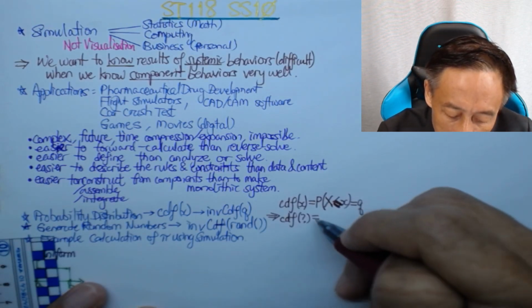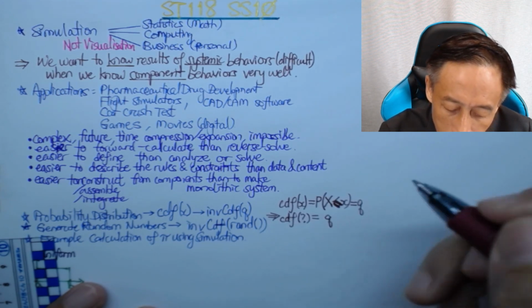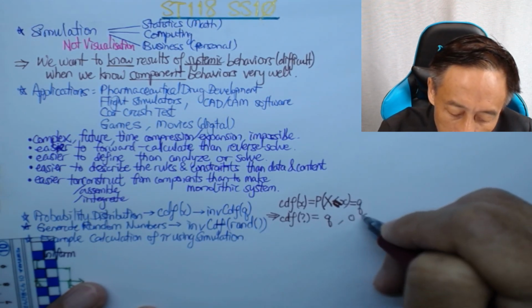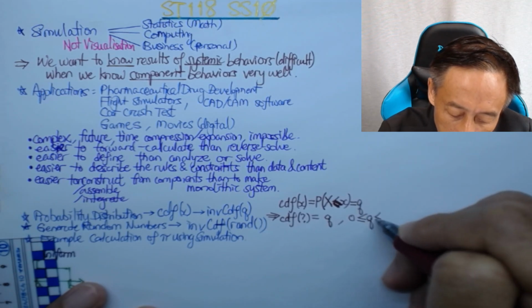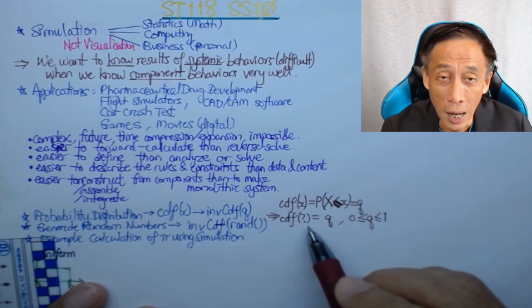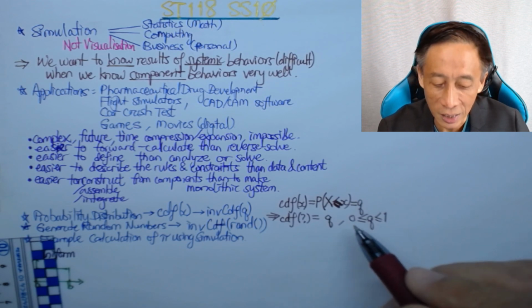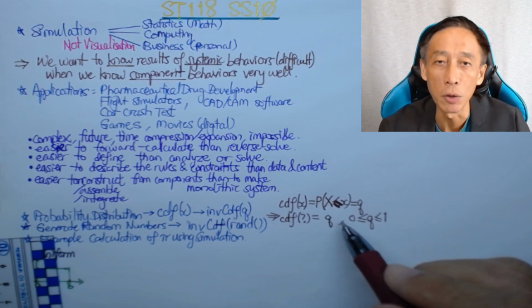And what we want to say is that if I know Q, and Q is a number between 0 to 1, find me the value for the CDF. That means that value, when I feed it into CDF, I get Q. But I now know Q, for example, Q is 0.2.